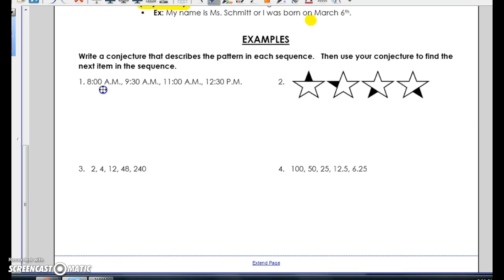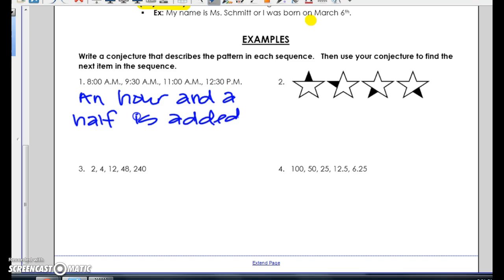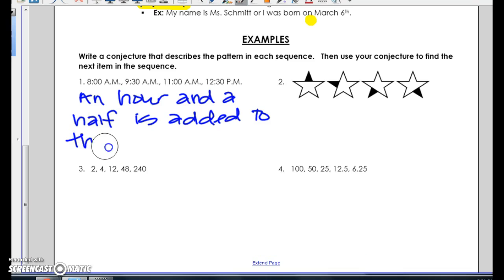The conjecture would be that half an hour is added on to each time. I'm sorry, an hour and a half is added on each time. So your conjecture would just be a statement saying an hour and a half is added to the time to get the next time.